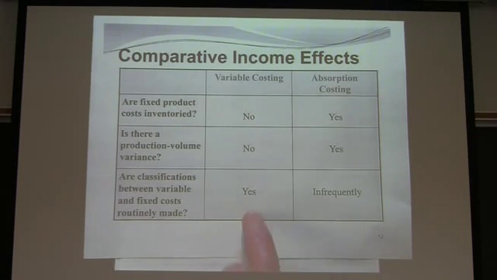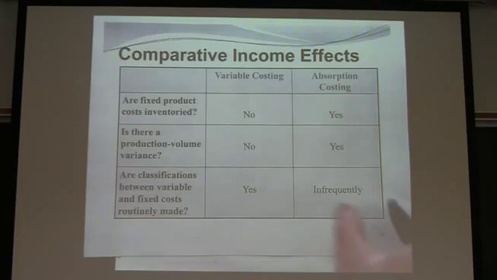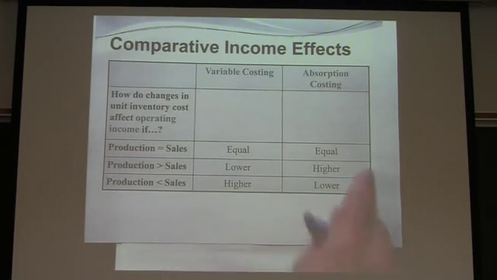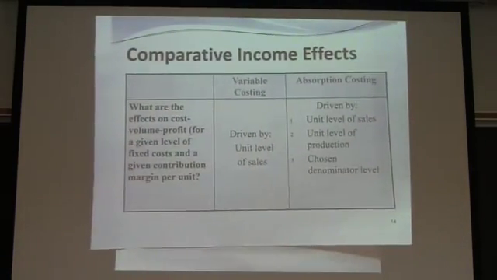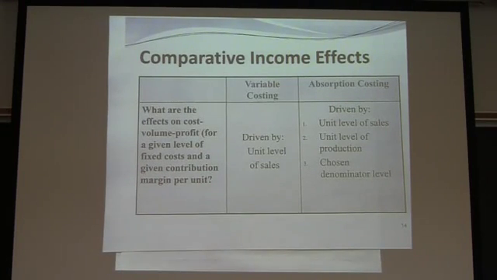Is classification between variable and fixed costs routinely made? The answer is yes, we need to. And for absorption costing, it says infrequently, which means yes, but not as often as we do for variable costing. Now, the income effect, we saw this earlier, that depending on whether production or sales is greater or equal will create different income depending on which method we use. Now, in terms of comparing the income, what are the effects on cost, volume, profit for a given level of fixed cost and a given level of contribution margin?